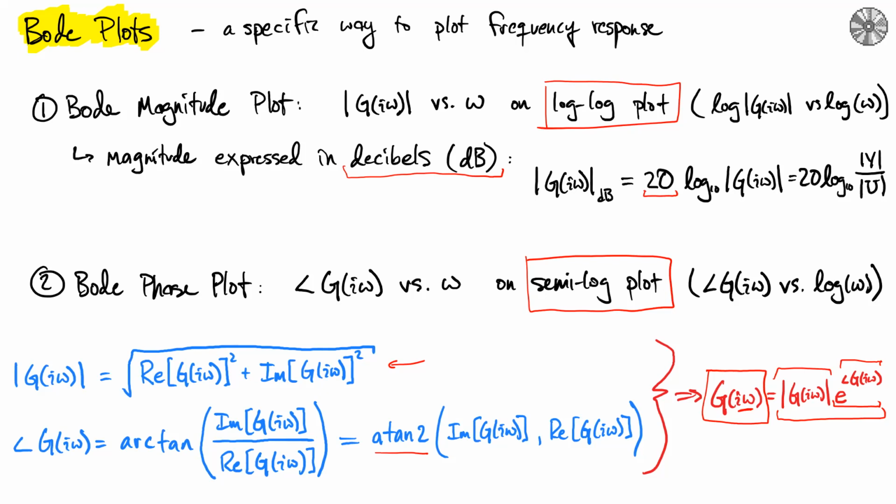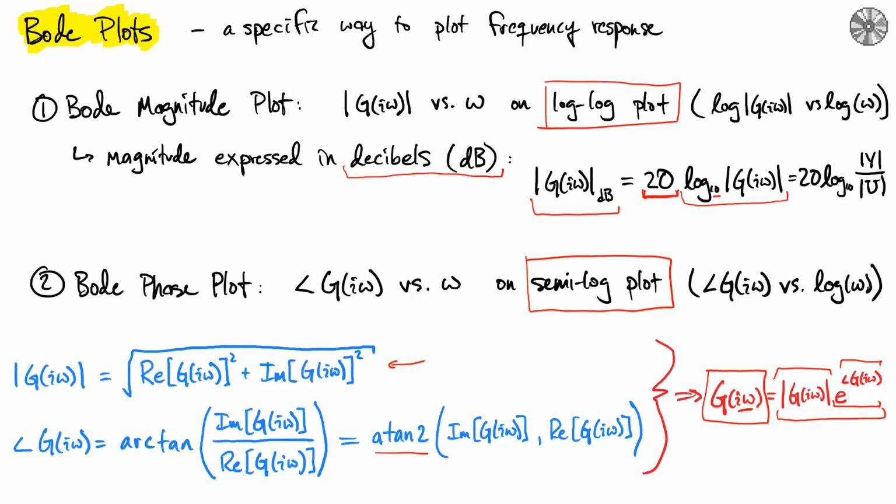But it's conventional then to plot, instead of just the magnitude of G of i omega, the magnitude of that evaluated in decibels. And so if we evaluate the log 10 of G of i omega, so that just means a base 10 log, then we multiply that by 20, and that provides us with the decibel version of that magnitude.